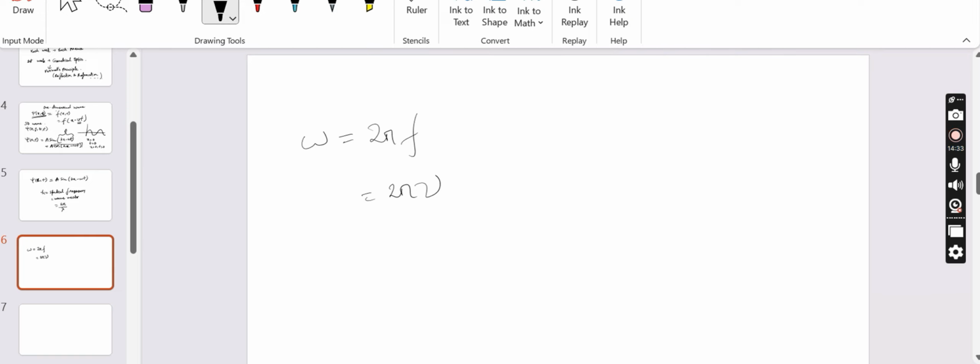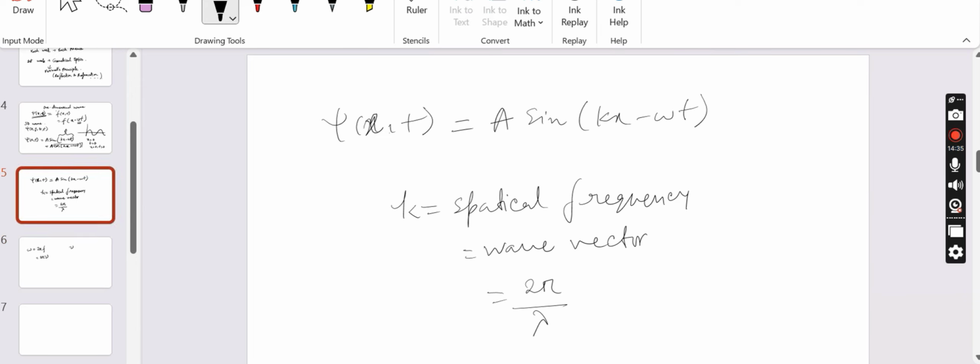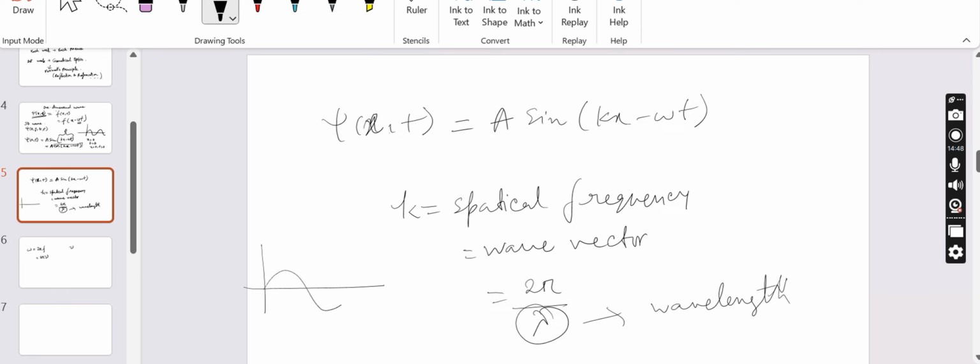And mu, as I said, is the frequency, and lambda we know is the wavelength. So what is a wavelength? In simple words you can say that after one wavelength the wave repeats itself. When I say the wave repeats itself, the phase will be the same.